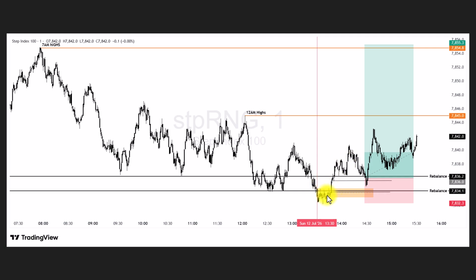So incorporating the PM session first presented fair value gap, price action rebalanced that inefficiency with a consolidation. See that? It was a tiny consolidation on the 1 minute time frame. It's so cute. It went up with the inefficiency that is being printed on the 1 minute time frame, which is bullish, right? We're trading above our first presented fair value gap.